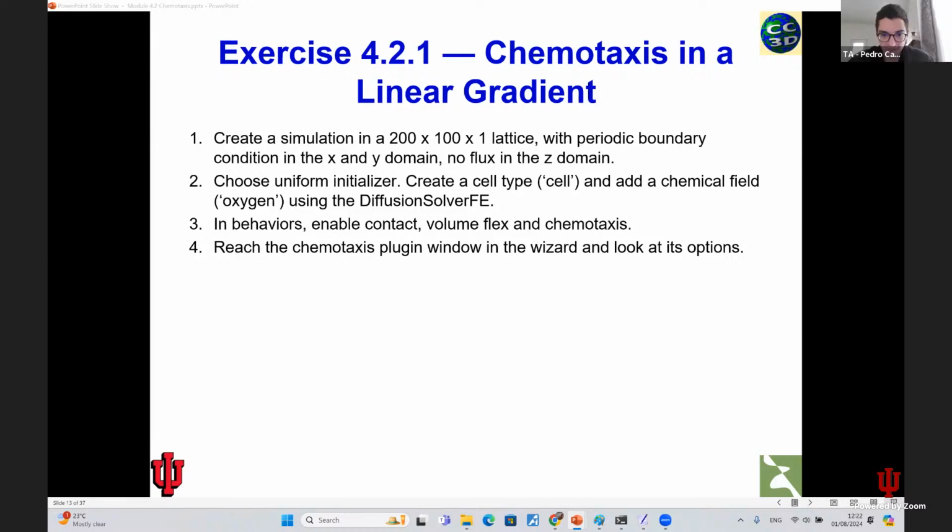So let me see how you are doing with this. You can also grab the simulation ready to go from the Google Drive. You can download the entire folder for session 4.2 and run the individual simulations.